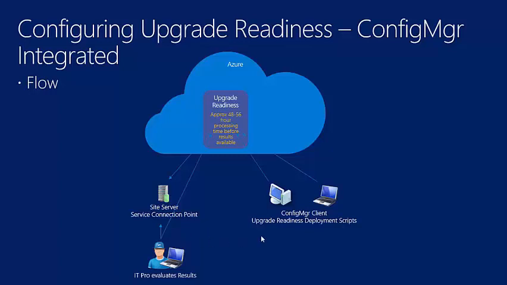Then you have your Config Manager clients that are running the Upgrade Readiness settings. They may or may not need to run the Upgrade Readiness deployment scripts themselves, right? So there is a way that you can just configure in-client settings for these systems to run and submit the Upgrade Readiness data through telemetry and so forth.